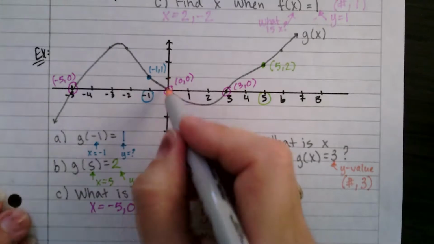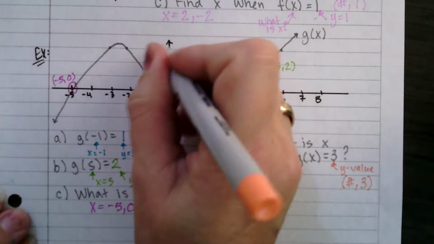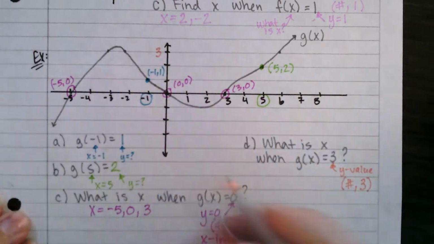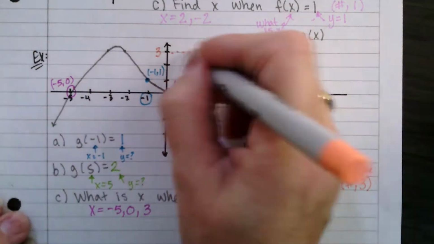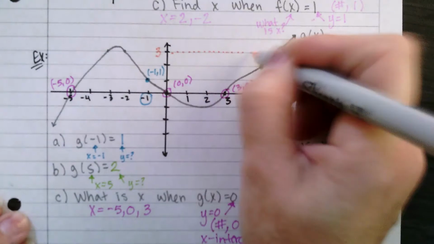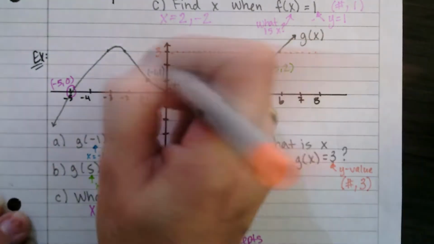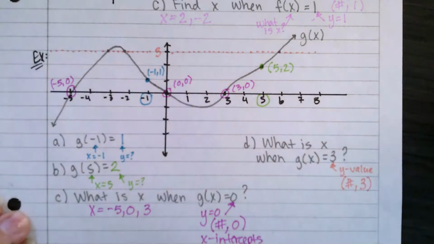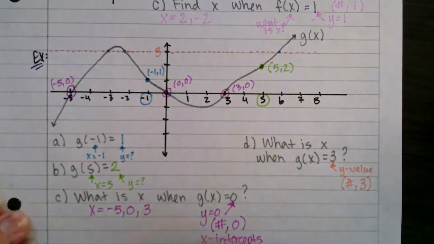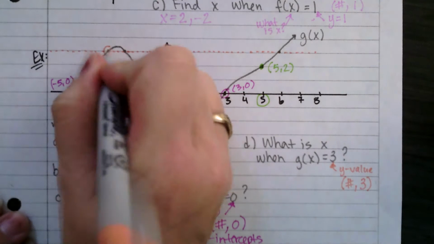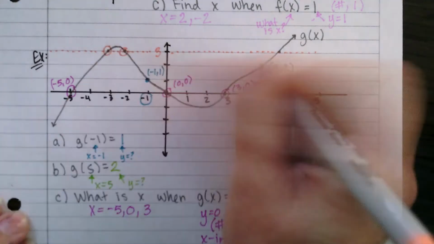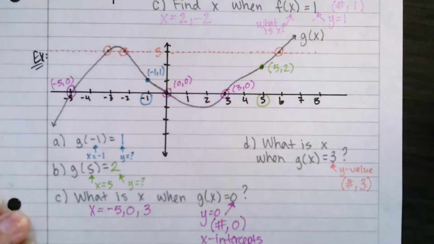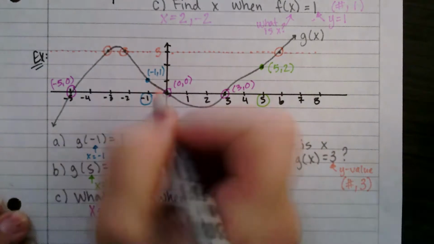So if I go to 3 on the y-axis, and like we did on our last one, draw a horizontal line all the way through, how many answers will I have for that question? Well, I'll have one here, here, and here. So I just need to label those ordered pairs.